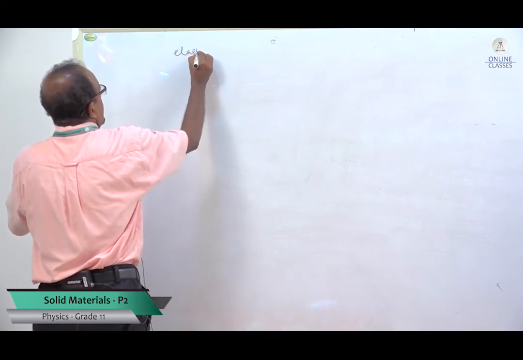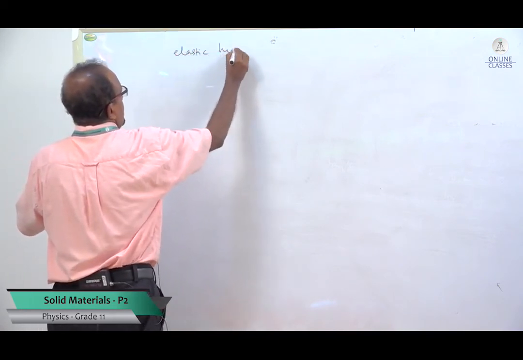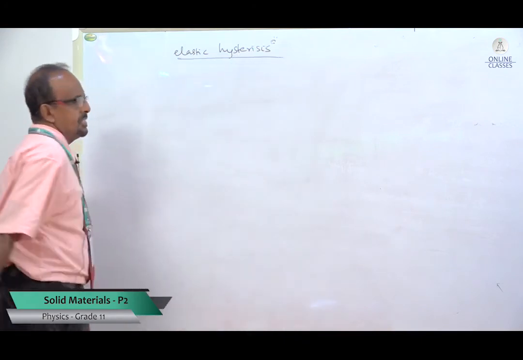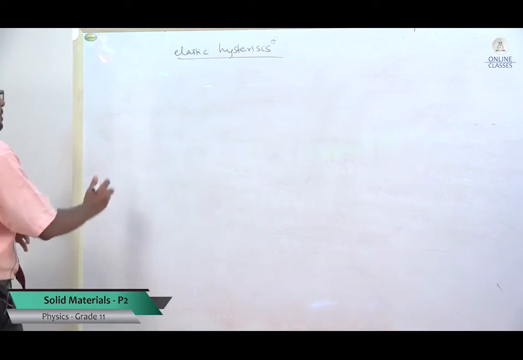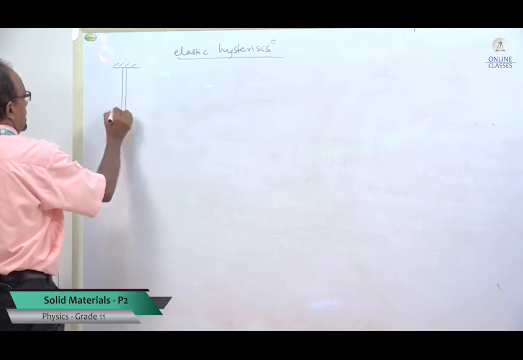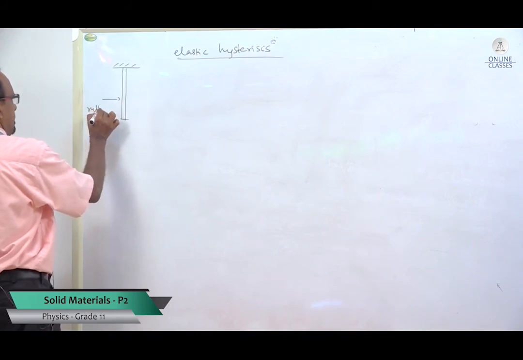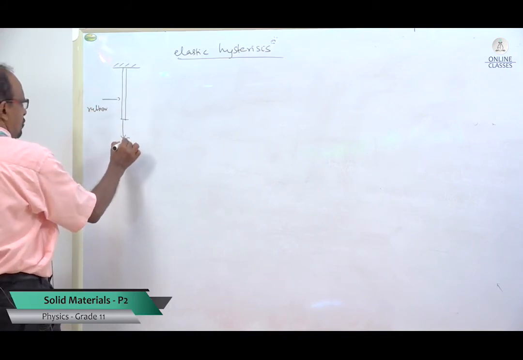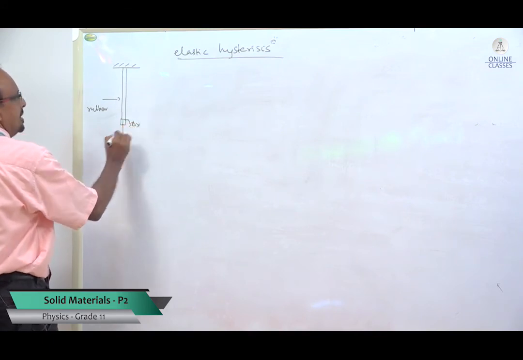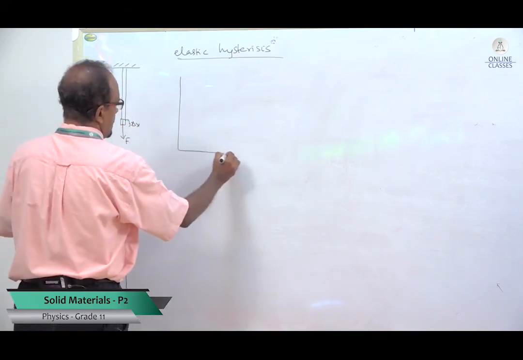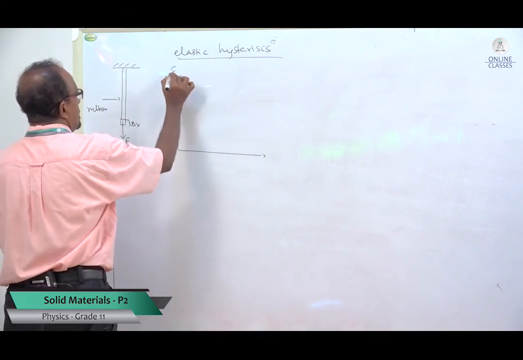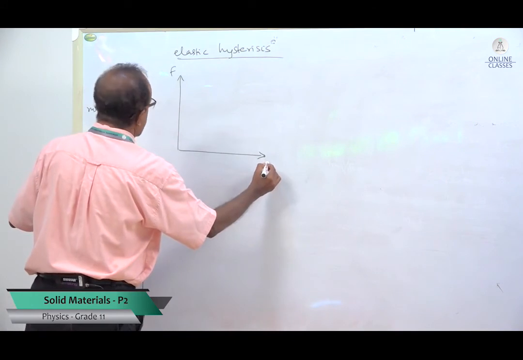Then we will go to elastic hysteresis. What is meant by elastic hysteresis, especially for rubber material? We will take a rubber band, and when you apply a force to rubber, extension comes, delta x. If you draw a stress-strain graph, or we can take a force-extension graph, that is easy.